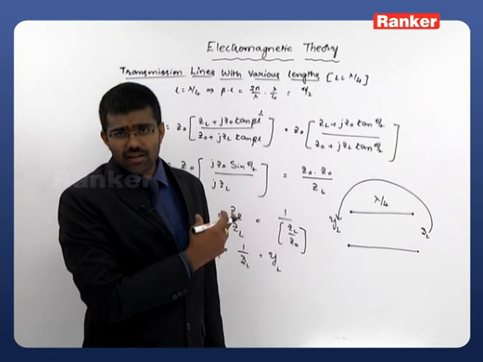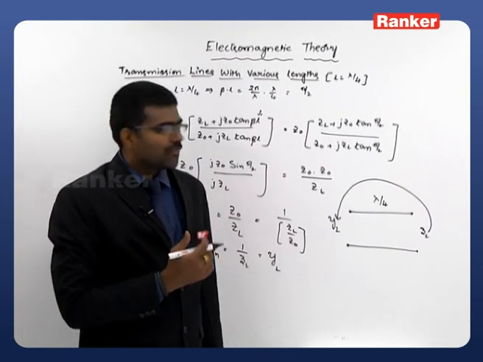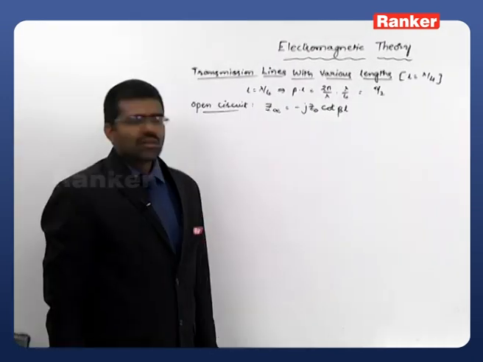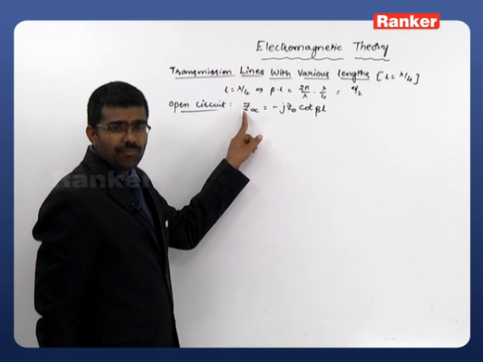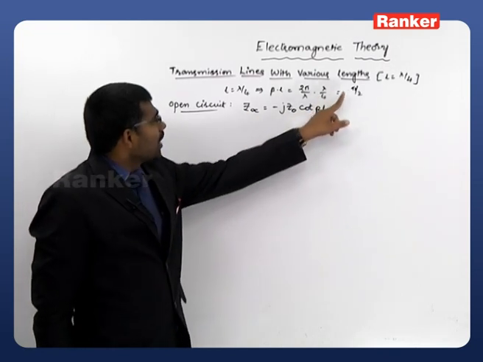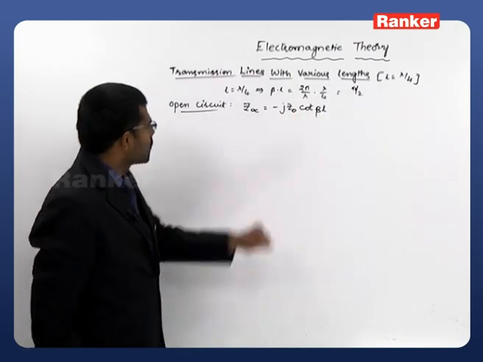Here I am taking the general case. If I take the open circuit case, if I take the short circuit case, just observe. First I will take the open circuit case. Now just consider the open circuit case. Z0 is what I am considering for our transmission line. The length is lambda by 4. The electrical length is pi by 2. That's what I am considering. Now observe here.